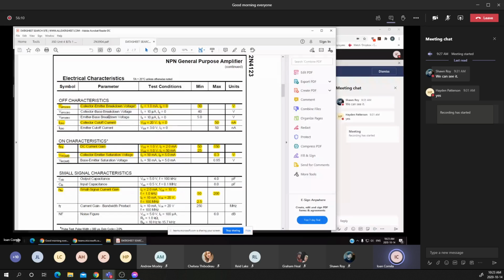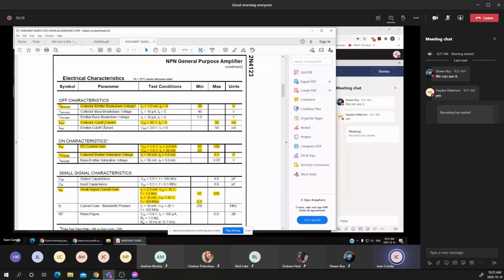Collector emitter breakdown voltage is not very critical in our calculations, but it's important to know exactly what the maximum voltage is that can be applied between the collector and the emitter.